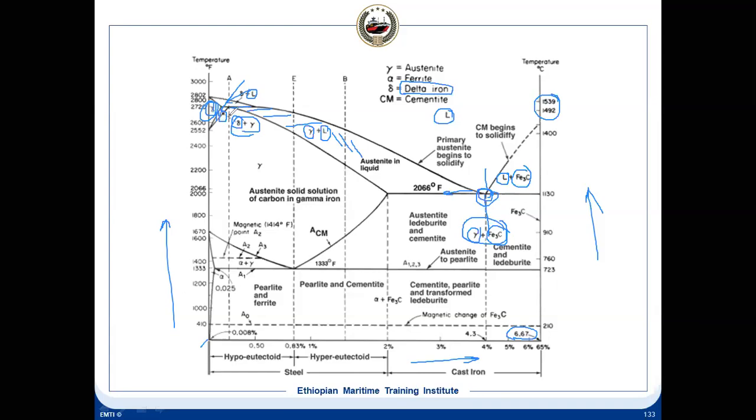The gamma will have more carbon, delta will have very, very little carbon. So this portion has become delta, this is delta plus gamma, and this is delta plus liquid, and this is gamma plus liquid, that is austenite plus liquid.